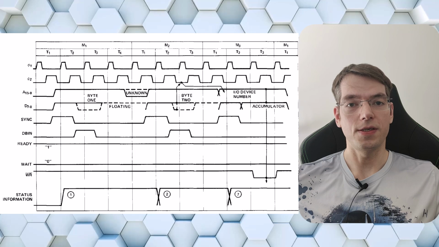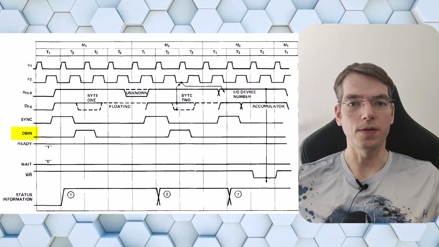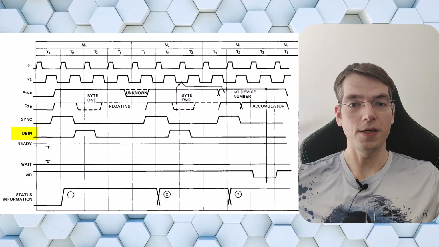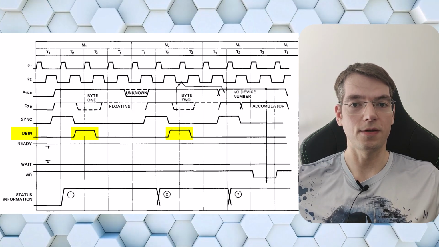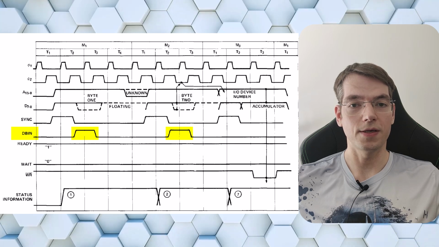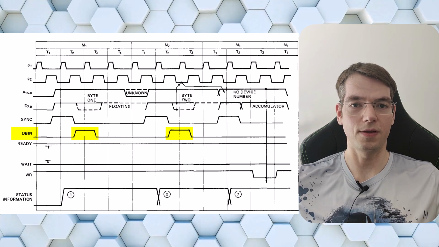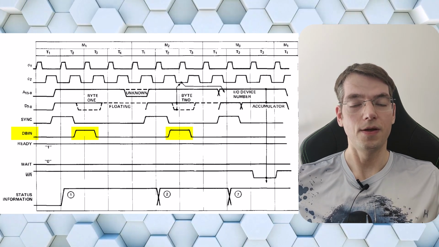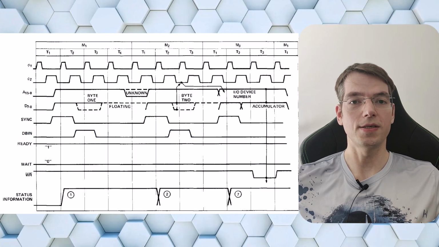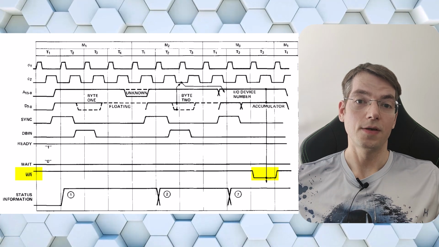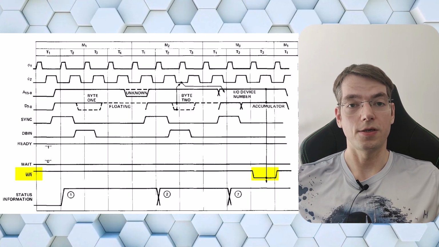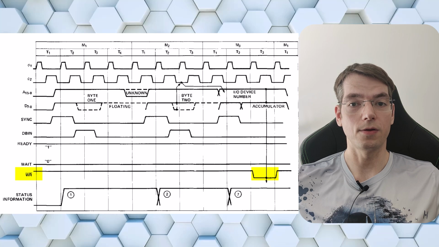Another important signal is DBIN. For a read operation, at some moment the CPU raises that signal to inform the periphery that it's ready to read data from the data bus. And for a write operation there is a similar signal, WR. So that's enough information to build a simple memory controller.